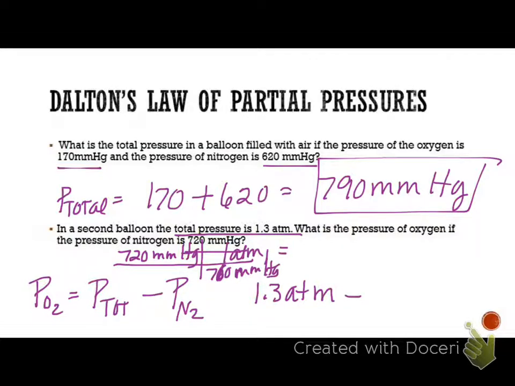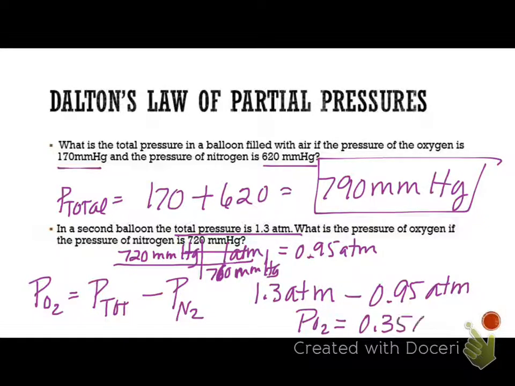And when I do that, I get 0.95 atmosphere. So now I can go plug this in and say 0.95 atmosphere, and then I get that my partial pressure of oxygen would be 0.35 atmosphere.